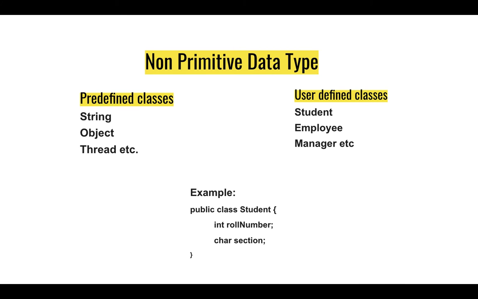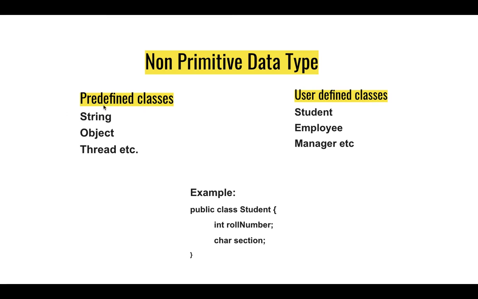Next, non-primitive data types. These are predefined classes and user-defined classes.